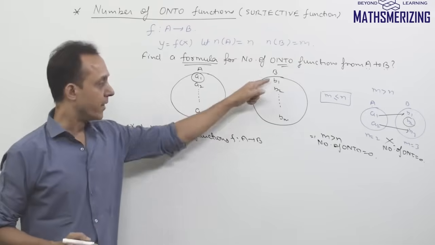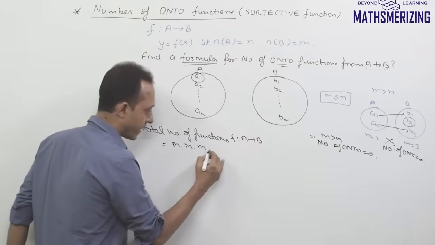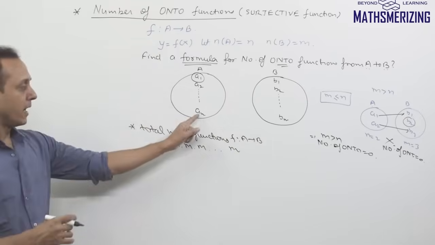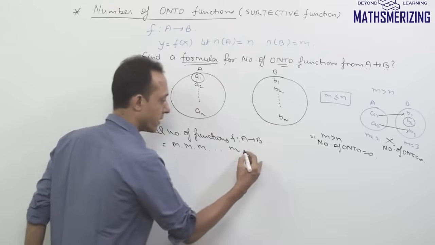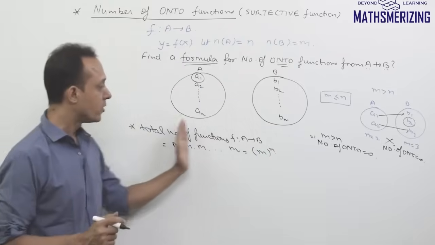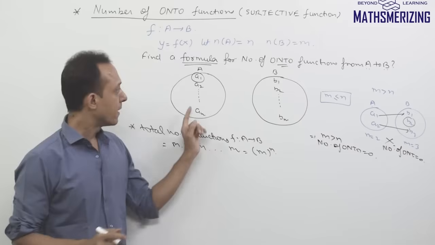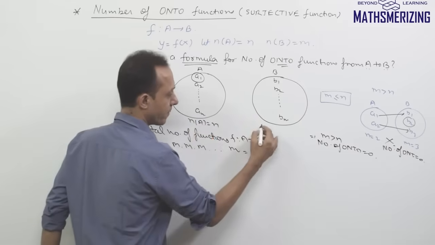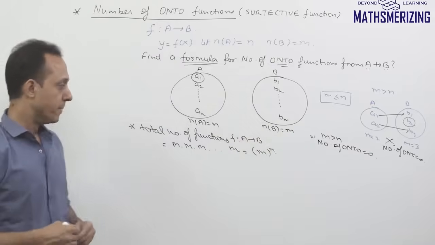Again for A2, there are m choices, again m for A3, and finally again m for An. So if I look at all the choices for all the elements, it comes to m to the power n. So the total number of functions from A to B is m to the power n, where n is the number of elements in set A and m is the number of elements in set B.